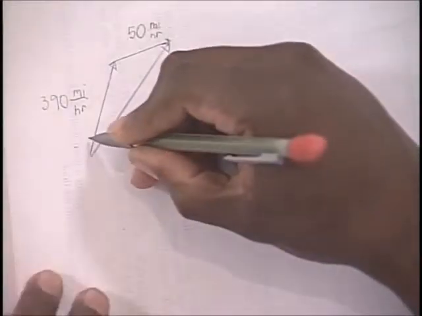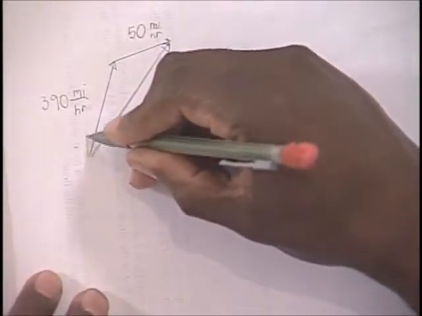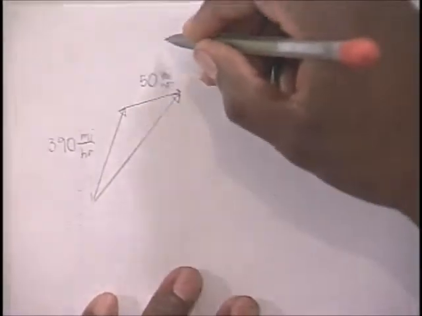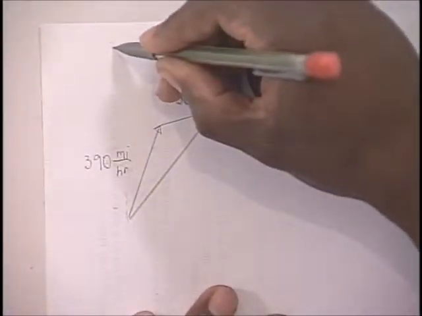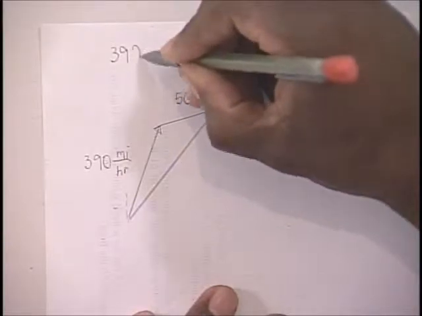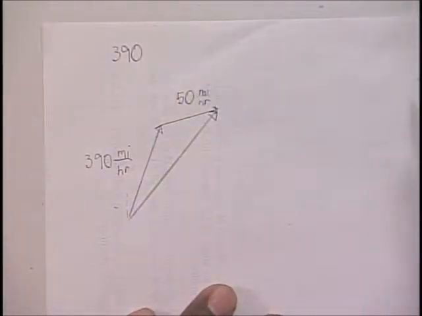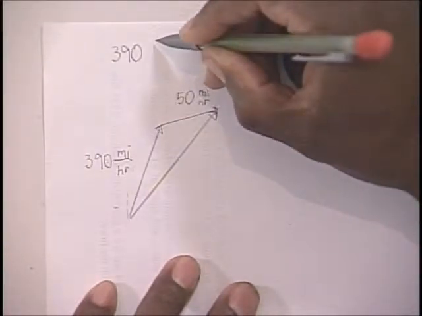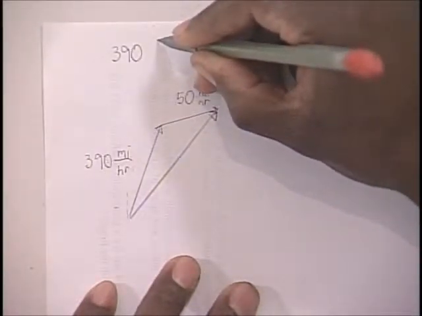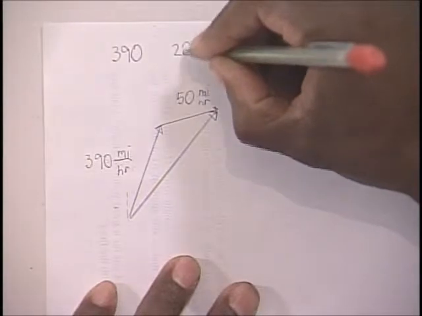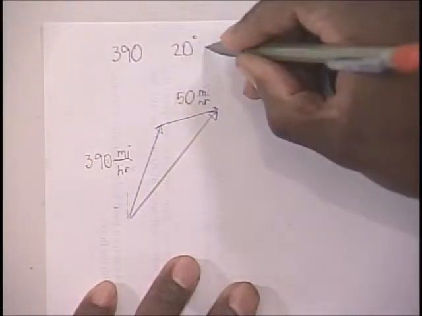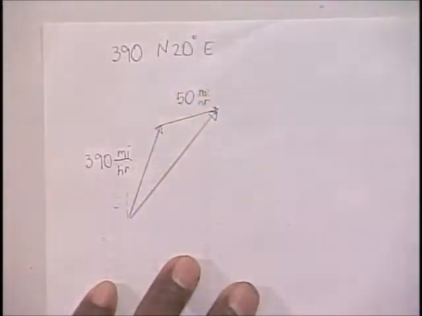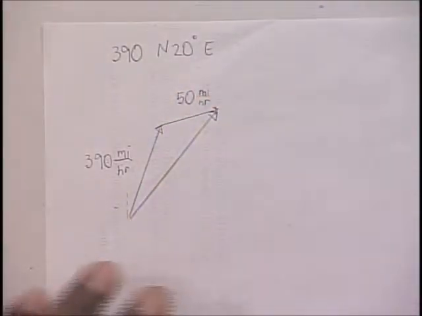Let's add a little bit to this diagram. Say the initial 390 mile per hour plane is traveling at 20 degrees east of north.